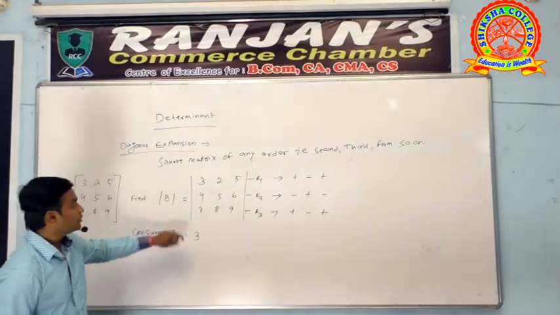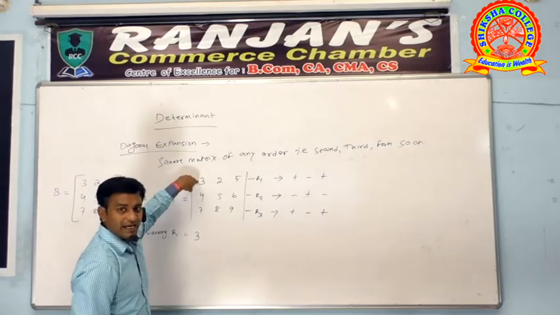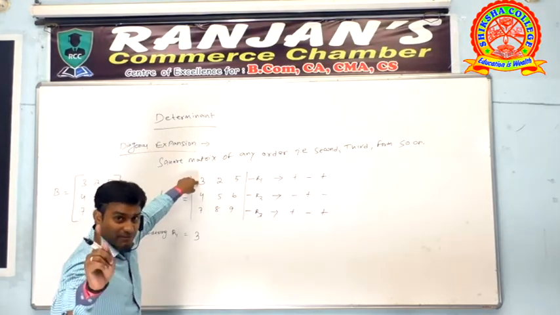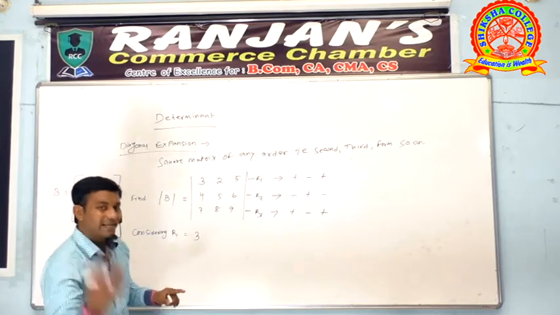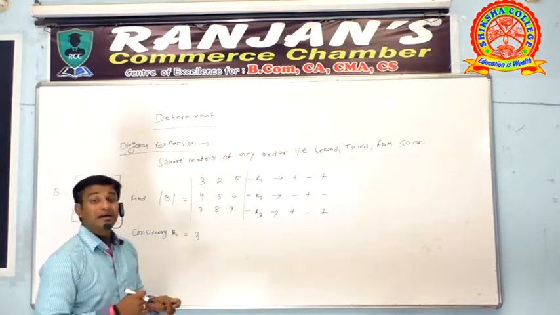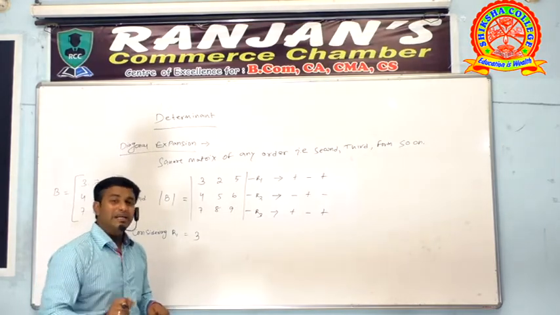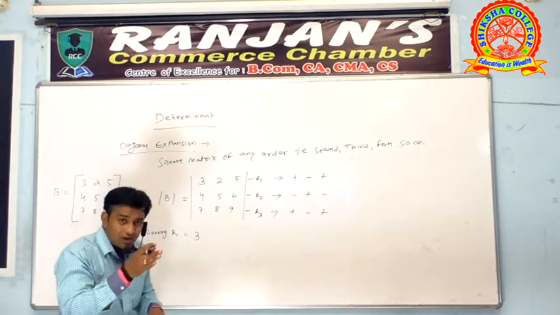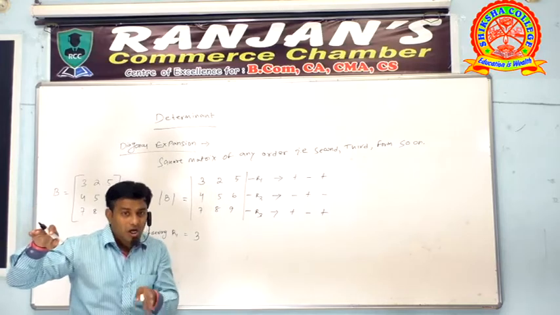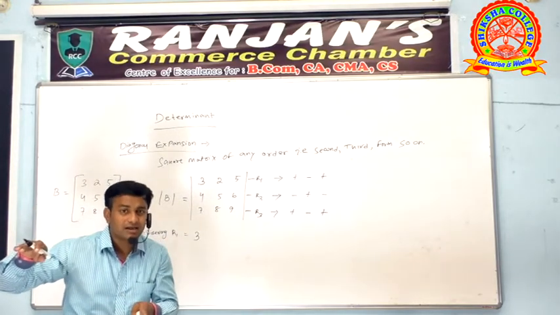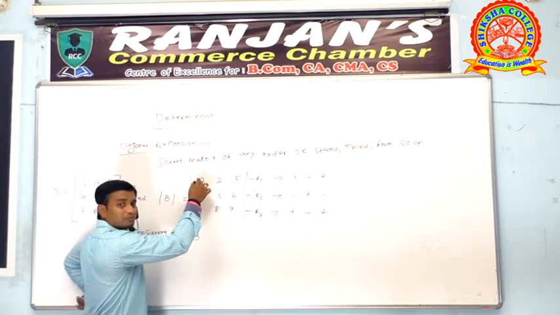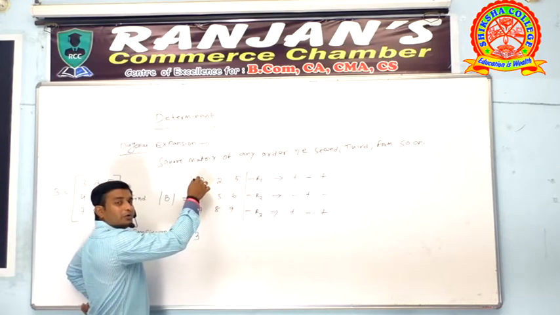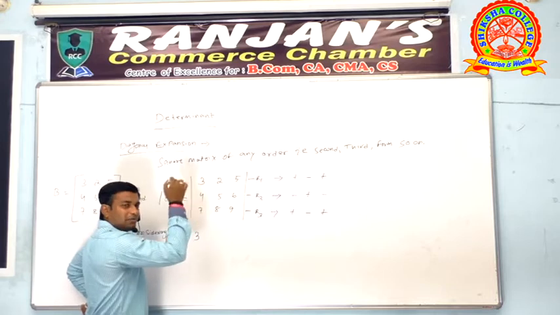Now what do we do? While we take 3, the first process is to take the first element, then next, delete or eliminate the entire row and column containing that value. So this is the value. We need to ignore or delete it from our mind, not from here.